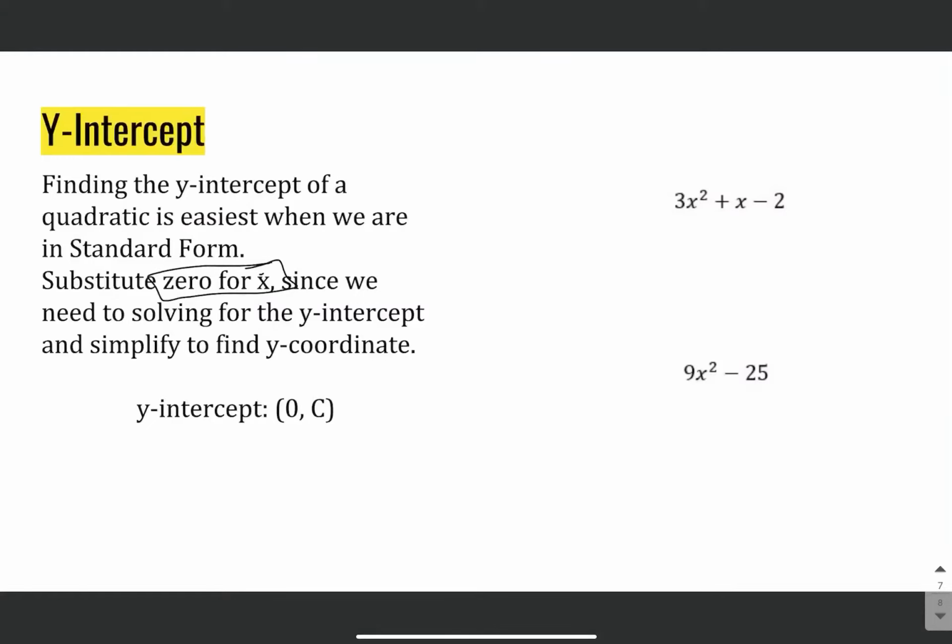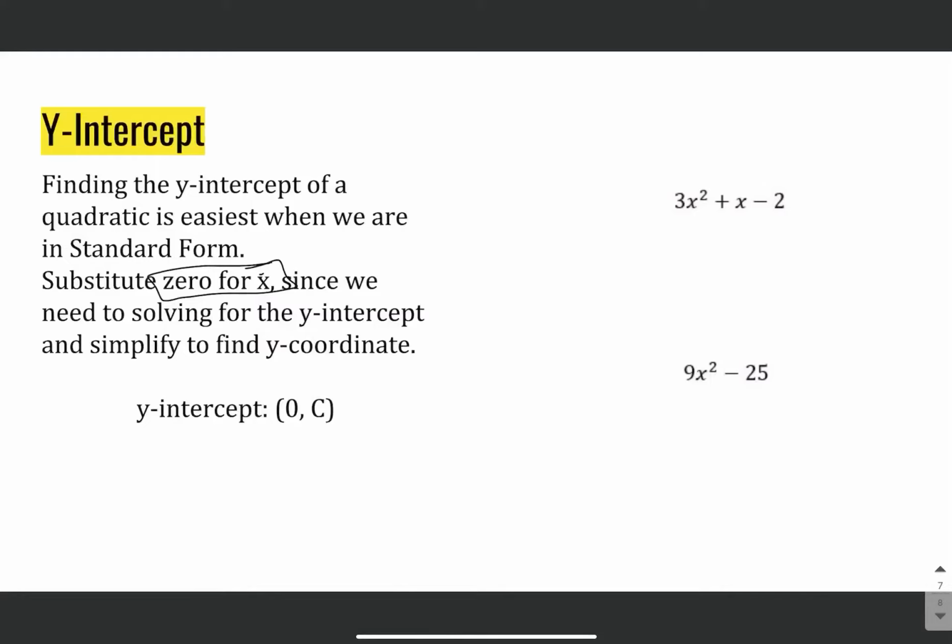If you're confused why, mainly you just have to think about graphing. If your x was a negative number, your point would be to the left of the y-axis. If your x was a positive number, it would be to the right of the y-axis. Your x value has to be 0, aka neutral, for your point to actually be on the y-axis.